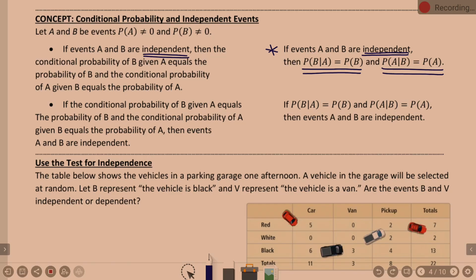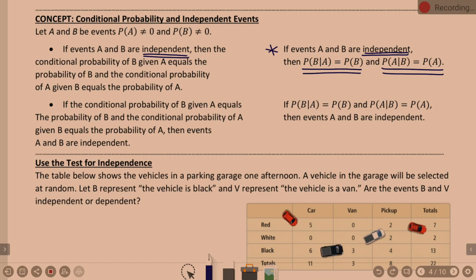If one or both of those statements are false, then they are no longer independent events, but they become dependent events.